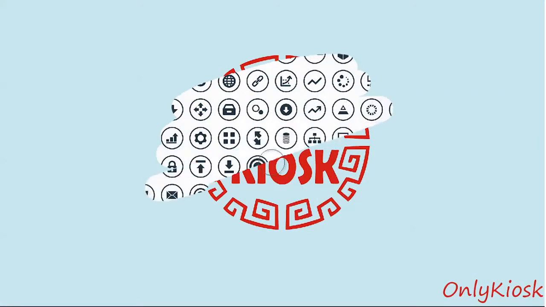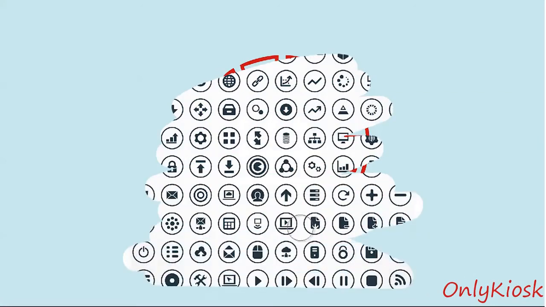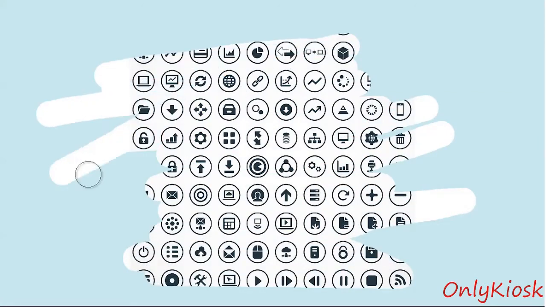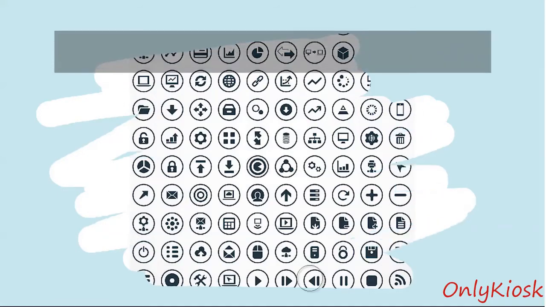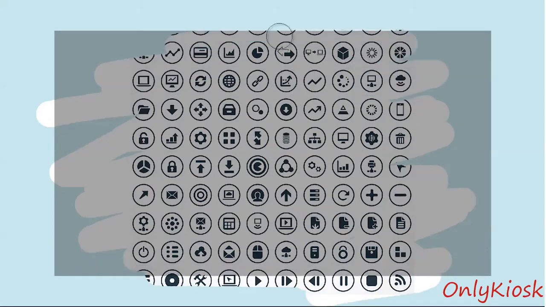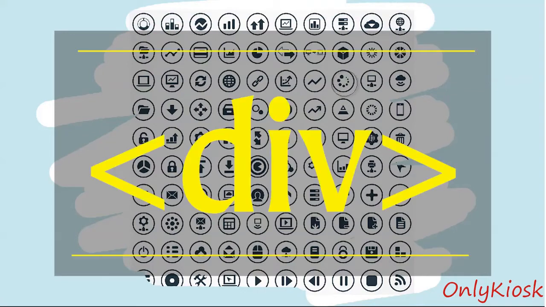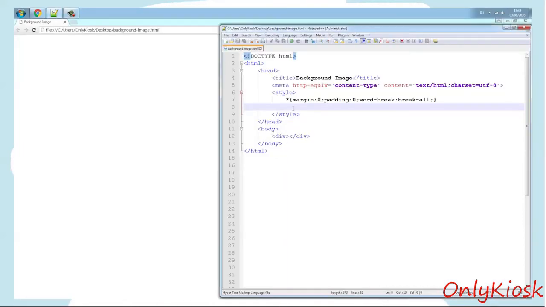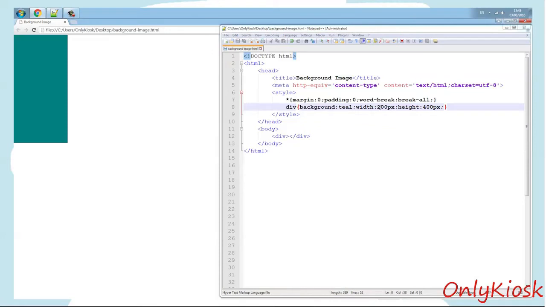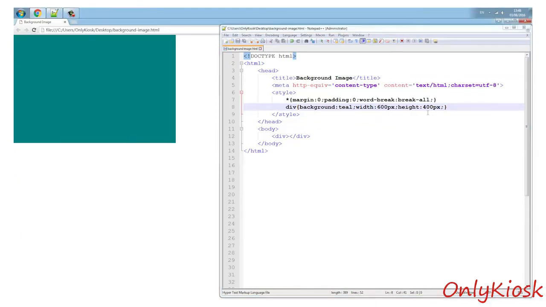We are now done with background images. Next, let's try icons and logos. Before we start, we need to learn a new HTML tag, the div tag. The div tag is a block tag, which means you can directly control its size using the CSS property width and height.